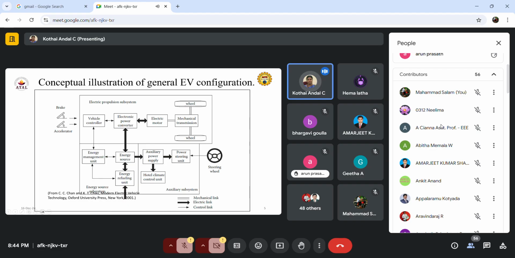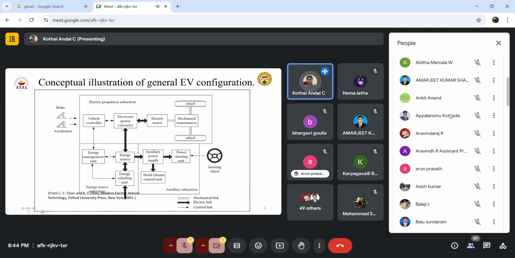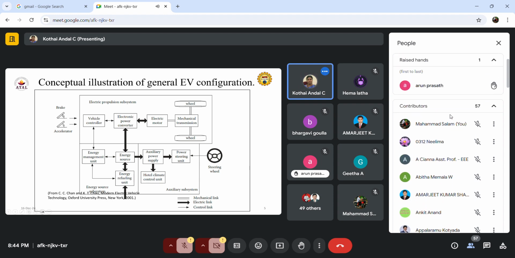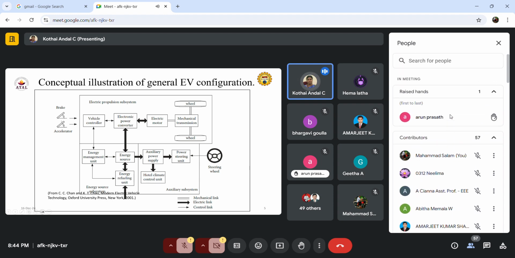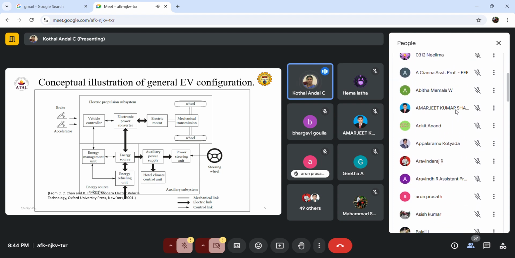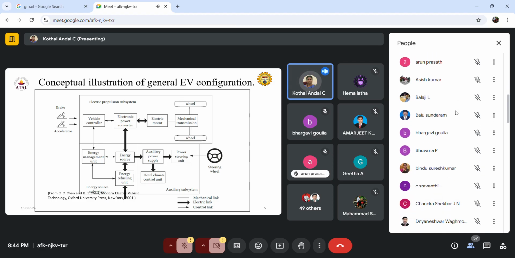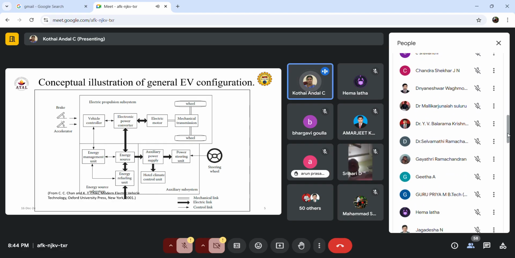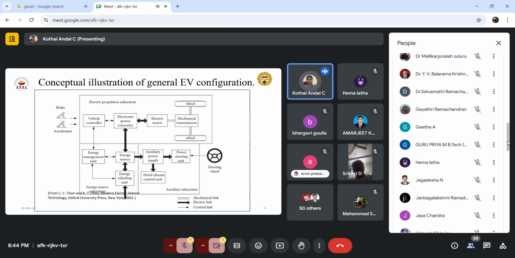So in the electric vehicle, we have two modes of operation, right? One is braking mode, another one is accelerating mode. Based on the control inputs from the accelerator or braking pedal, the vehicle controller provides proper control signals to the power electronic converters. In the power electronic converters, power flow can be controlled.